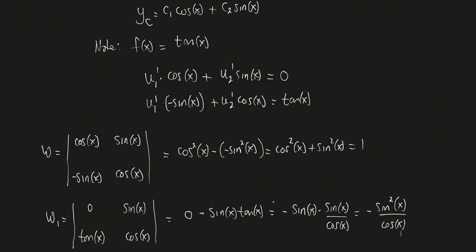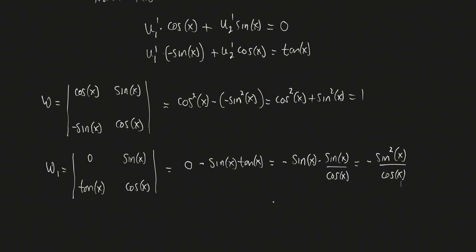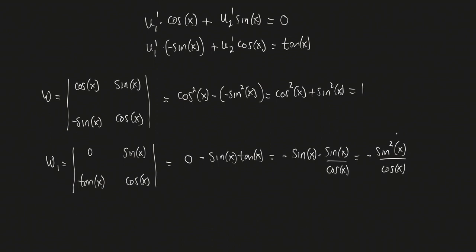So if you wanted to put it in terms of sine and cosine, that's what it would look like, right? And then our third determinant, W2, now they're 2 by 2. Now the first column is that of the original Wronskian, and then we replace the second column with the column 0, tangent of x.